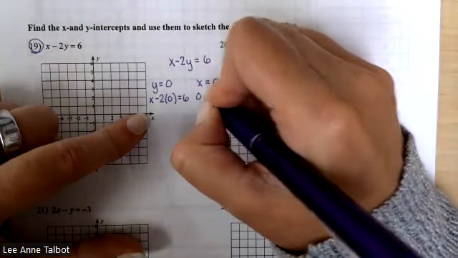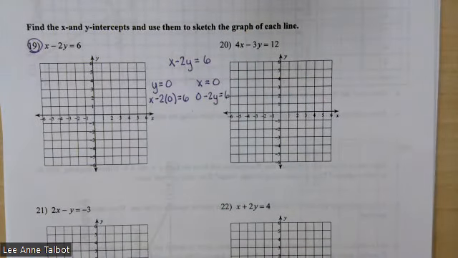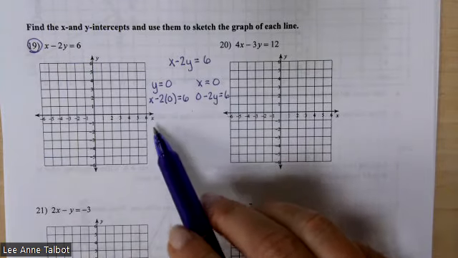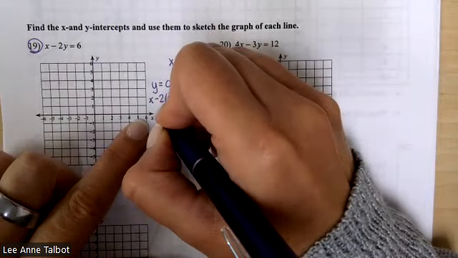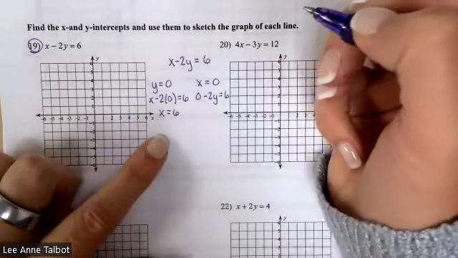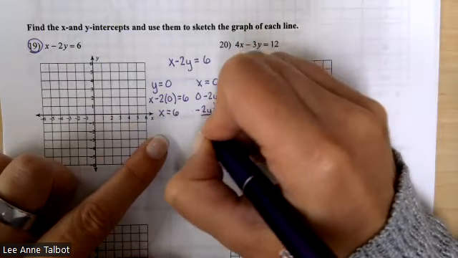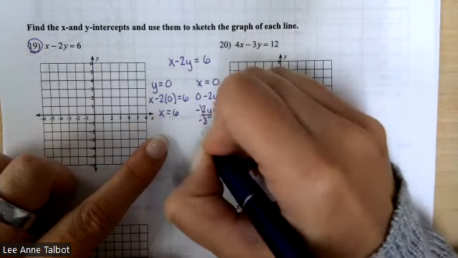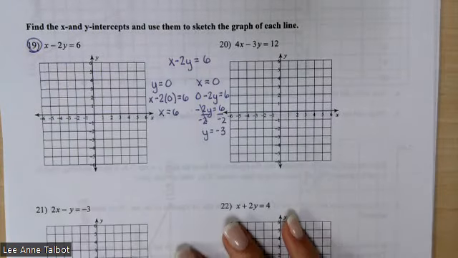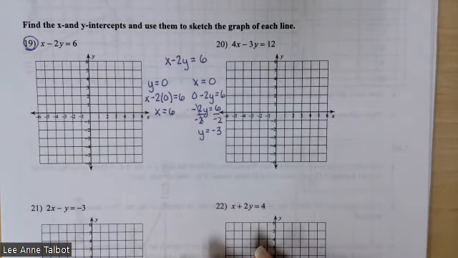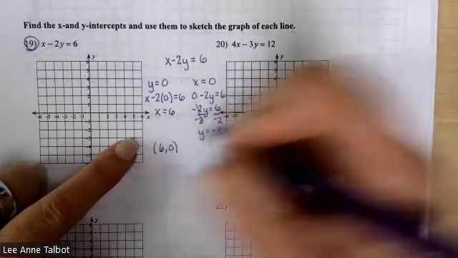And this one's going to be 0 minus 2y equals 6. And the negative 2 times 0 is just 0. So this is x equals 6. And this is negative 2y equals 6, and divide. Y equals negative 3. So this is the point 6, 0.